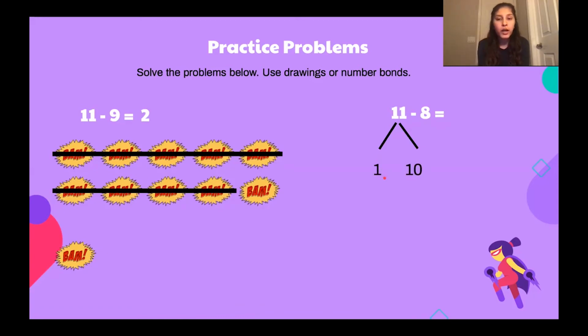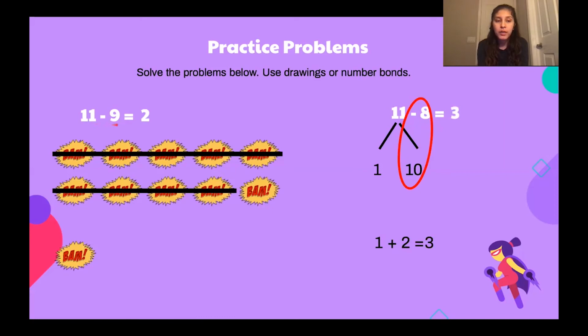And now I want to subtract the 8. So I know I can subtract 8 from 10. So 10 minus 8 equals 2. So I have 1 plus 2. And 1 plus 2 equals 3. So 11 minus 8 equals 3.